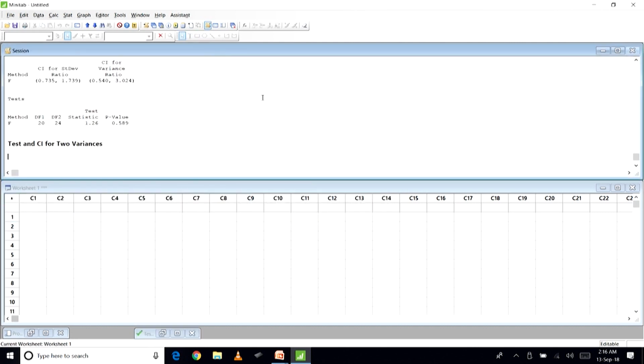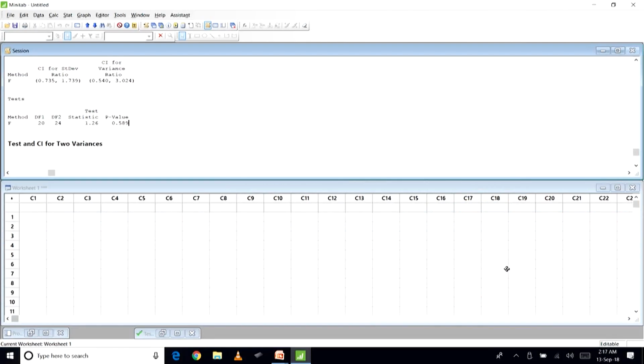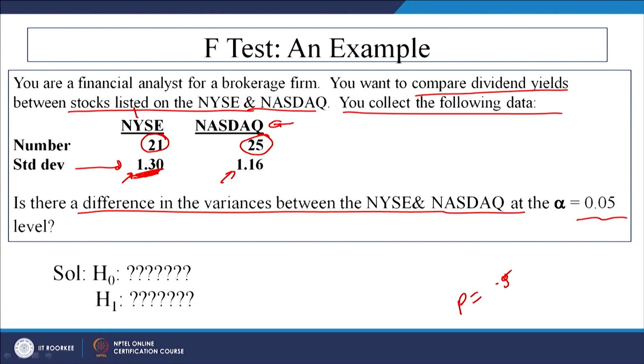So, let us look at the p value over here. In this case, at 21 degrees of freedom for the numerator and 24 for the denominator, the p value is 0.589, and here alpha is 0.05.